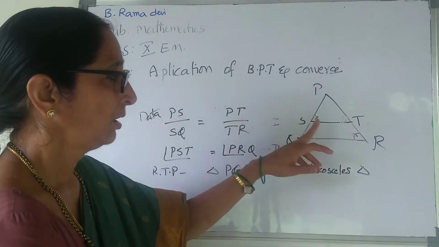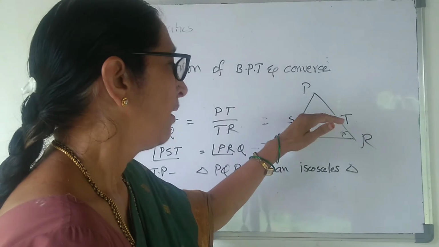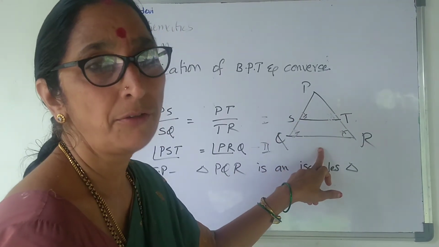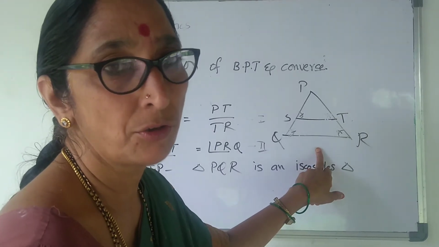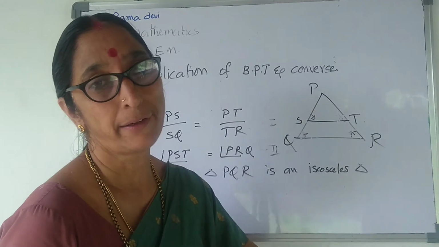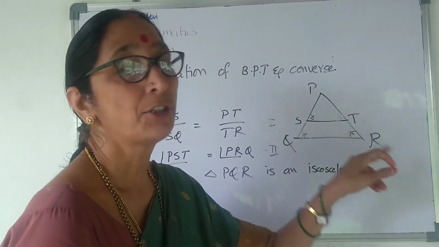Here, the first point is, how can you say ST is parallel to QR? If ST is parallel to QR, then you can prove that angle Q is equal to angle R. But how can you say ST is parallel to QR?